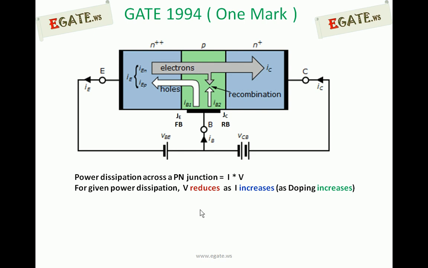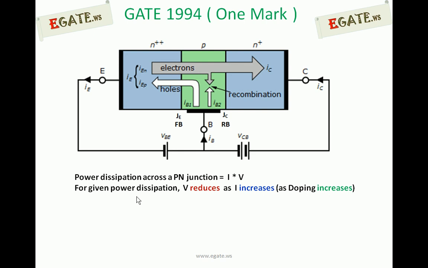Whereas avalanche breakdown occurs in lightly doped PN junctions, so the current flowing through it is small, and avalanche breakdown takes place at larger reverse voltages. So we can conclude that for a given fixed power dissipation, if you increase current, the voltage across it reduces.